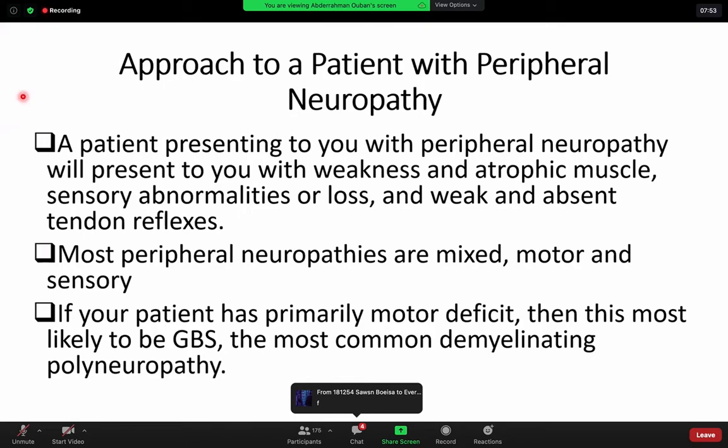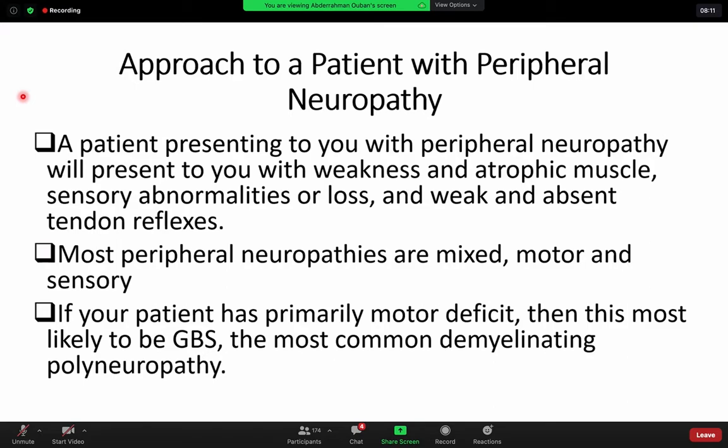All right, so let's talk about the approach to this. Most of the time, those who present to you with peripheral neuropathies are going to be presenting with a mixed picture, both motor and sensory. Now, there are times when you have only one of those.